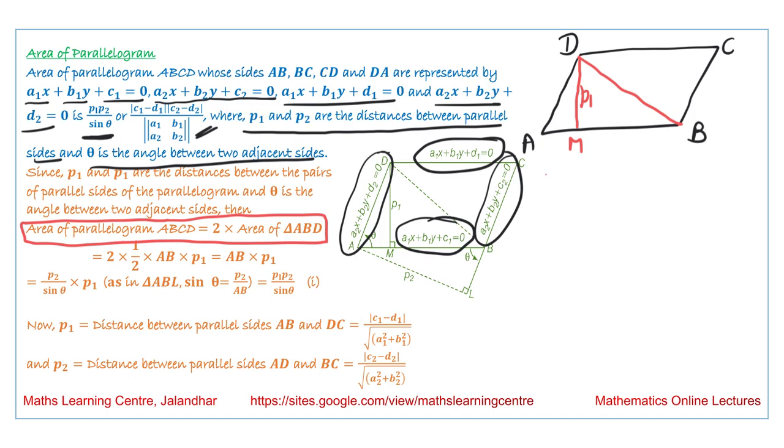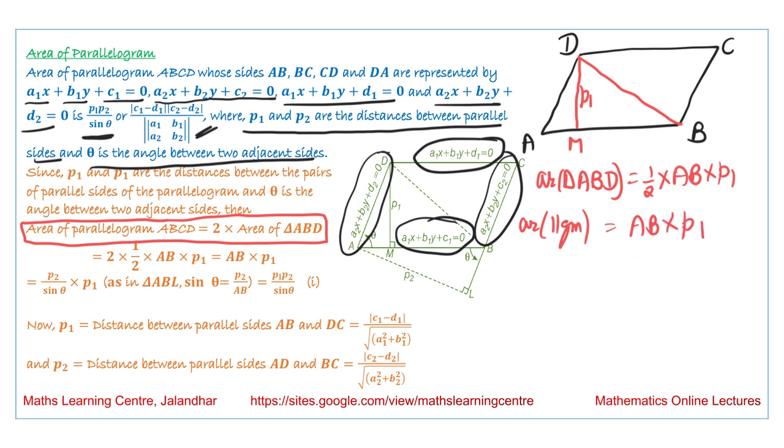Then the area of triangle ABD is equal to 1 by 2 into AB into P1. So the area of the parallelogram is twice of this, so we get AB into P1.